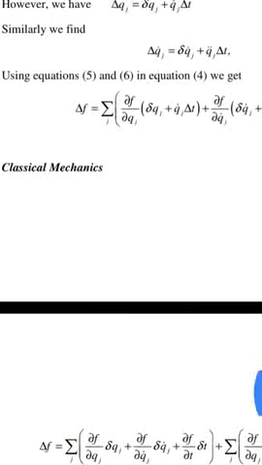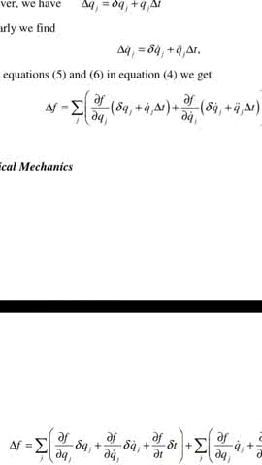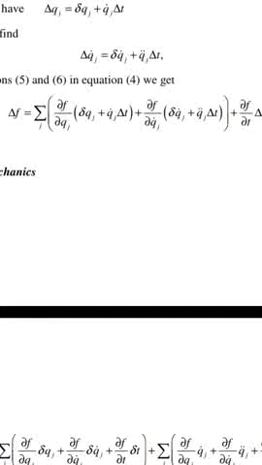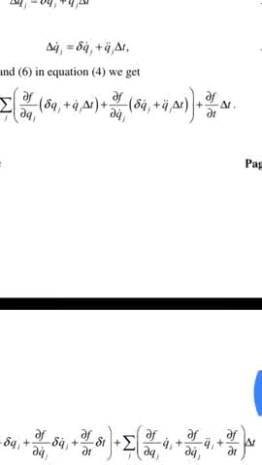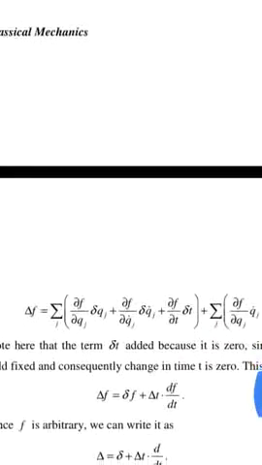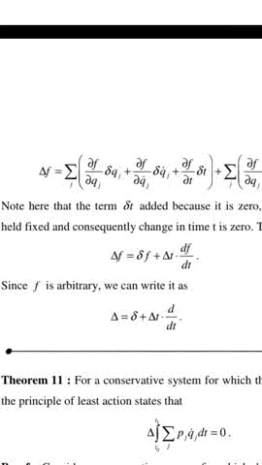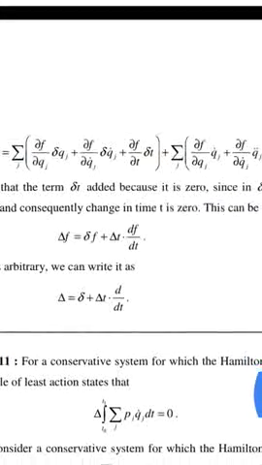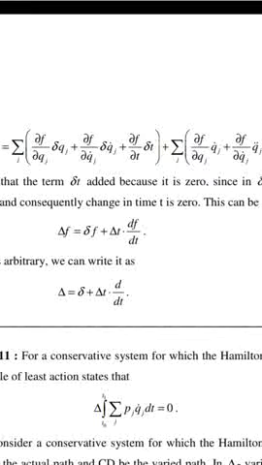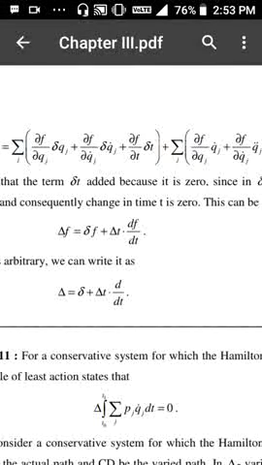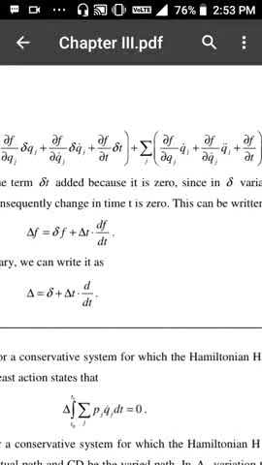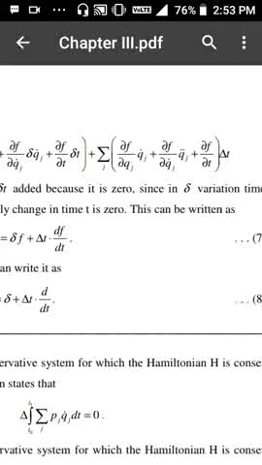Using equations 5 and 6 in equation 4, we get del f is equal to summation of dou f by dou qj, delta qj plus qj dot delta t, plus dou f by dou qj dot, delta qj dot plus qj double dot del t, plus dou f by dou t del t. Regrouping, del f is equal to the summation of dou f by dou qj delta qj plus dou f by dou qj dot delta qj dot plus dou f by dou t delta t, plus the summation of dou f by dou qj qj dot plus dou f by dou qj dot qj double dot plus dou f by dou t, times del t.